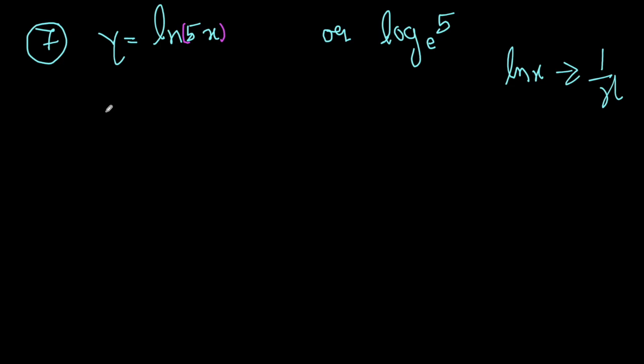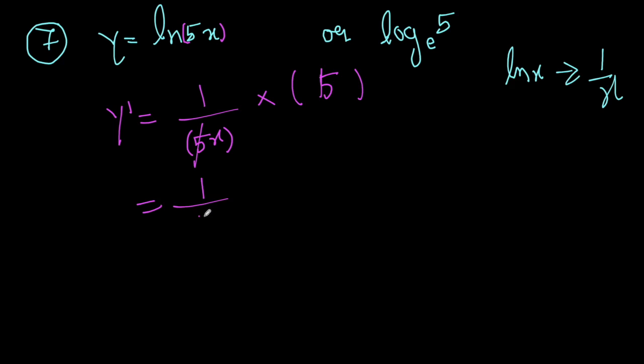So I will assume ln bracket, so y dash is equal to 1 over bracket multiplied by the differentiation of the bracket. So 1 over 5x multiplied by the differentiation of 5x, which is 5, so your answer is this, and this will cancel out, so your answer will be 1 over x.